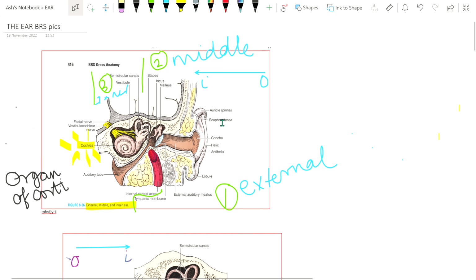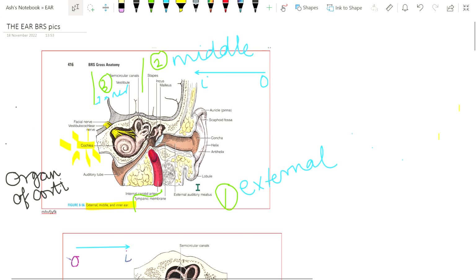First we need to orient ourselves: we are going from the outer part to the inner. The outer is the auricle, the scaphoid fossa, and the concha, which is like a funnel that takes sound waves into the ear. The outer rim of the external ear is called the helix, and inner to this is the antihelix.